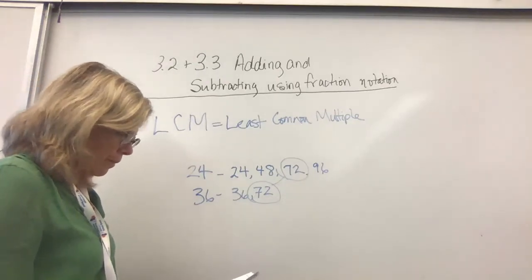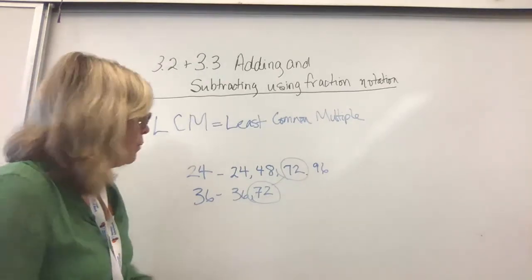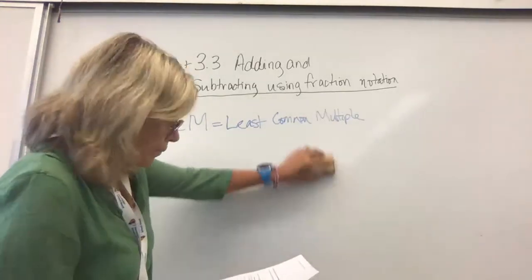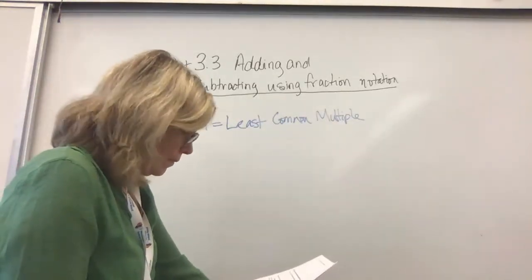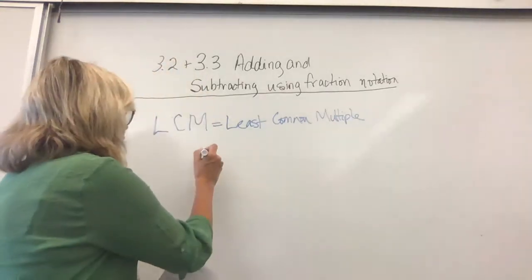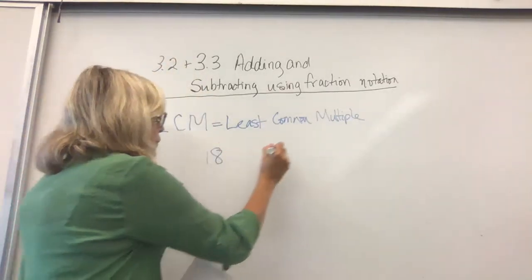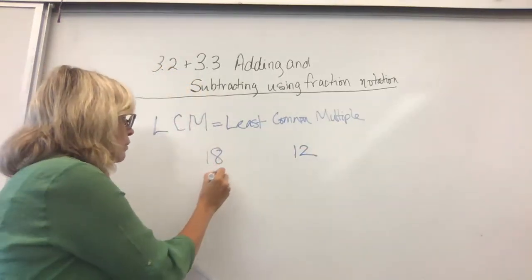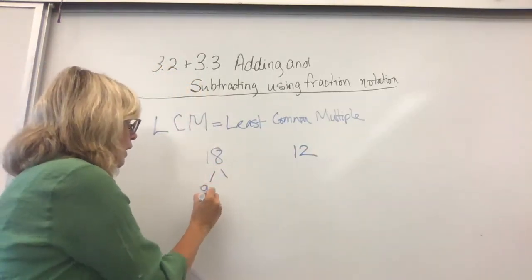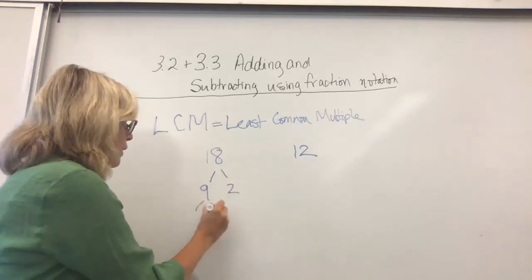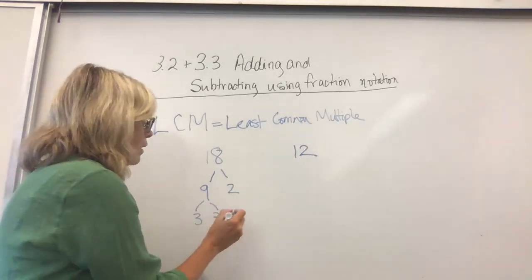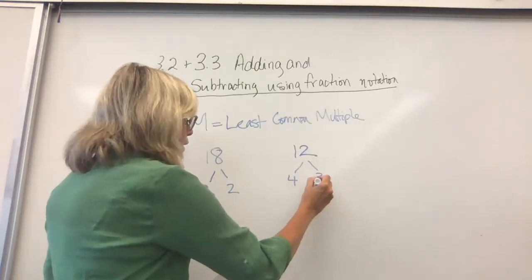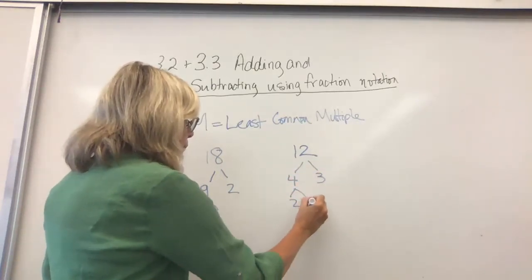So let's look at one more example of this. Suppose you have 18 and 12. For 18, your factors are 9 and 2, and 9 is 3 and 3, and 12 is 4 and 3, and 2 and 2.